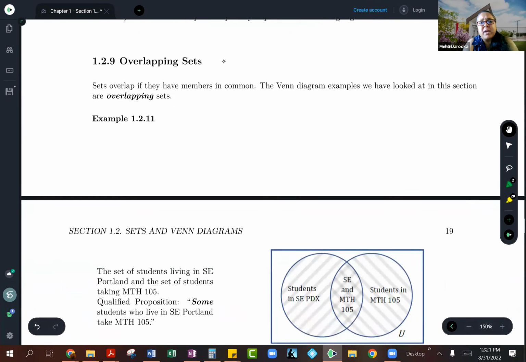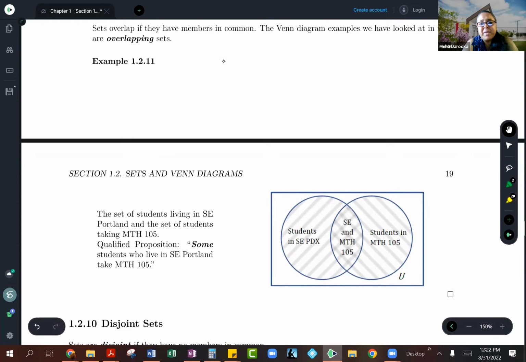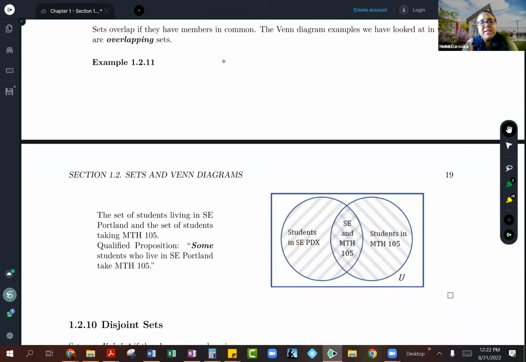When we're talking about overlapping sets, that's where we are talking about the word some. We're saying some elements are common between both of them, so think of that as being intersection. In this case, they're talking about people who live in Southeastern Portland and students who are taking the Math 105 class, which at Portland Community College is their Math for Liberal Arts class.